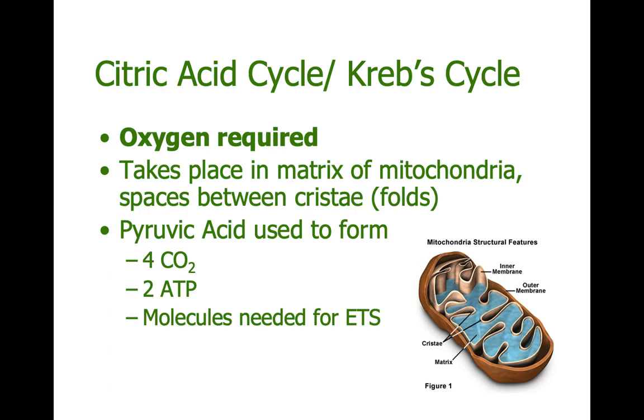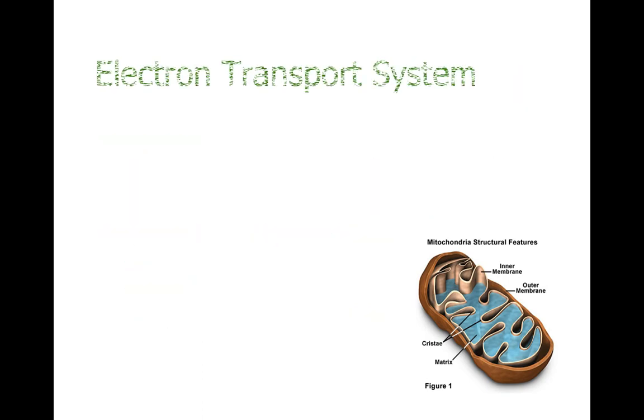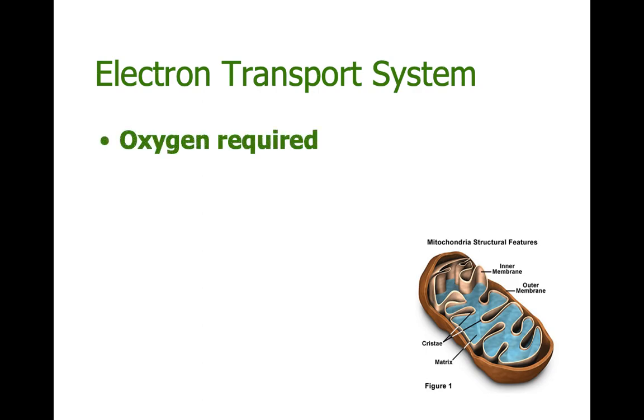So, glycolysis, we're getting pyruvic acid. We need the pyruvic acid to enter the citric acid cycle. We go through the citric acid cycle, we get 4 molecules of carbon dioxide, 2 molecules of ATP to store, and whatever molecules we're going to need to go on to the next step, which is the electron transport system. Again, the electron transport system is going to happen in the mitochondria.